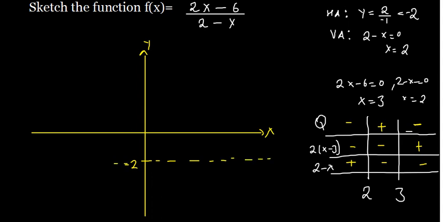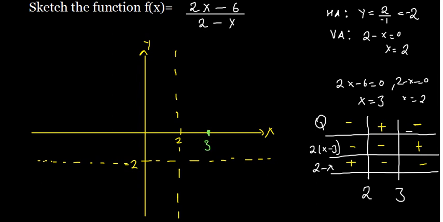And then the vertical asymptote is at +2. That is the value of x. Let me put it here. Okay. Now I'm going to use the table to be able to sketch. We can see we also have a 3 here. So let me just put a 3 somewhere there.